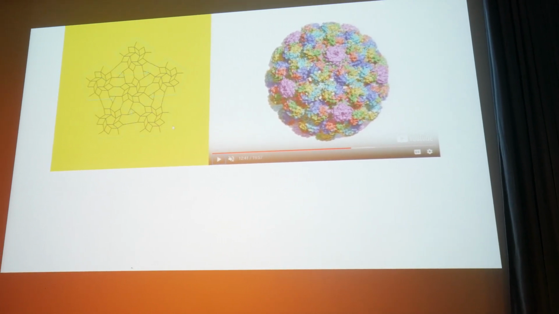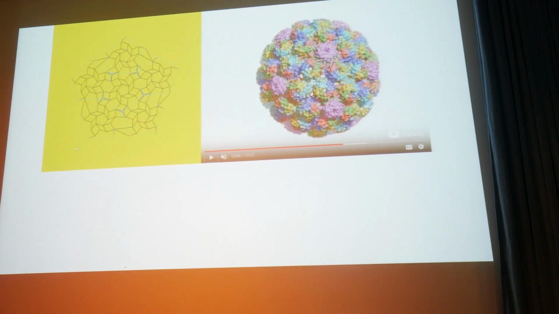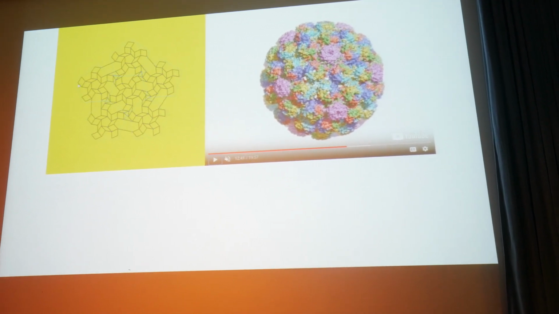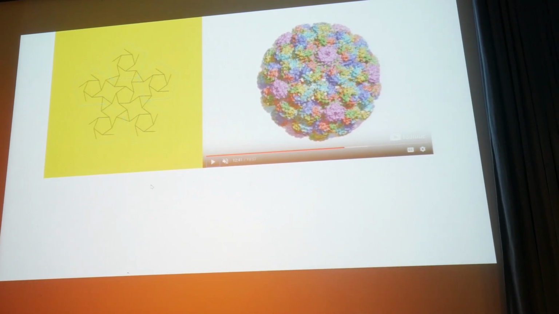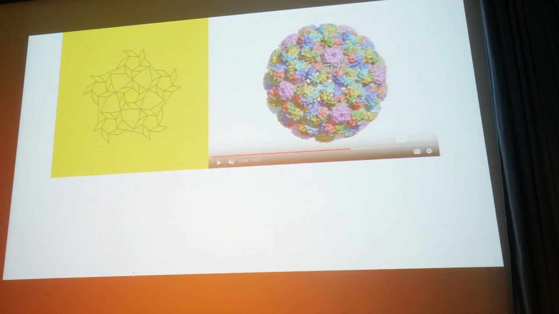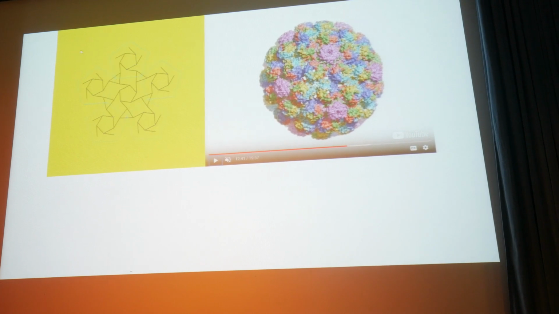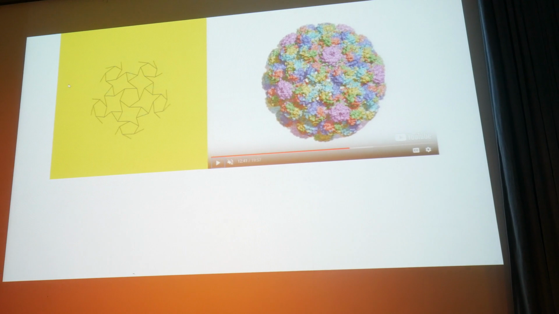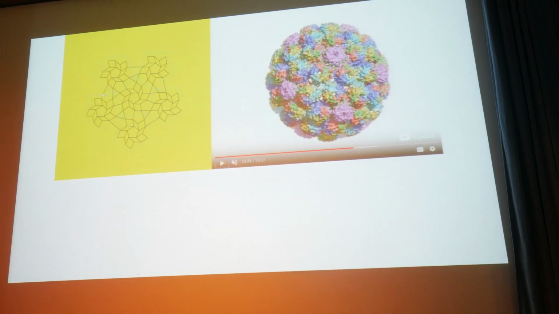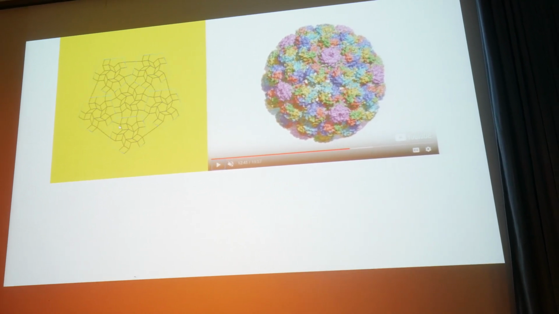And if I move my mouse around, you see that you get maybe better insight into how these tilings are constructed. We're taking just a dodecahedron and putting cut-apart Penrose tilings on all its faces.